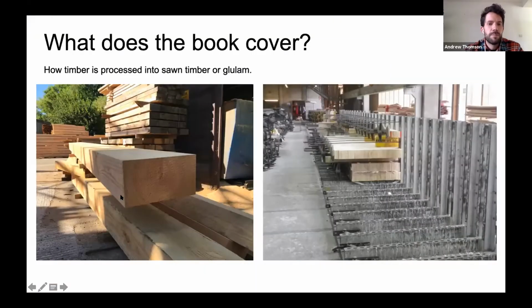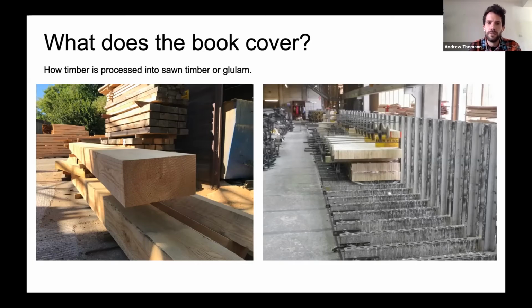So in the book, we've tried to sort of structure it in an order of, I guess, embodied carbon to some extent, not by design, but it starts focusing on very simple sawn timber element design. So how do you design a timber joist? You scale it up, it's a timber beam, or a timber stud, you scale that up, it's a timber column.